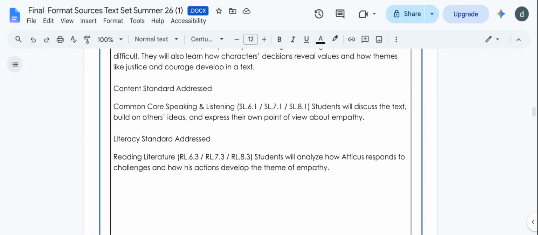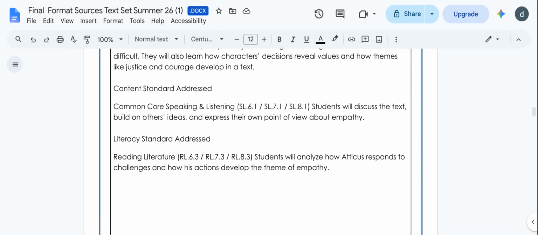The content standard addressed in this text is Common Core speaking and listening. My students will discuss these and other ideas and express their own point of view. If that were them, would they be ready to do what Scout and Atticus did for Tom Robinson? Will they be scared? Will they just give up?